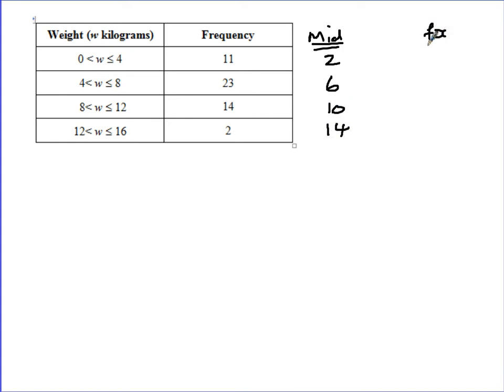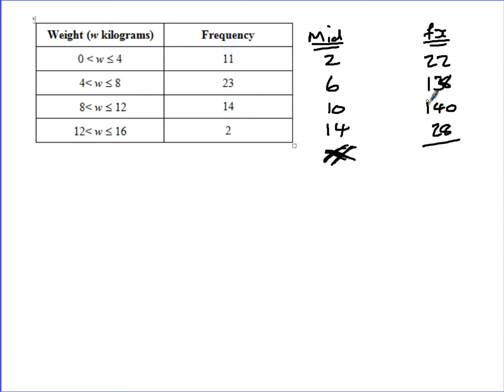Then we create what we call an FX column, which is the frequency times the midpoint. So that's the total weight, 22. 6 times your 23, 138. 14 times 10 is 140. 14 times 2 is your 28. Never, ever, ever add your midpoints. Add those numbers together.